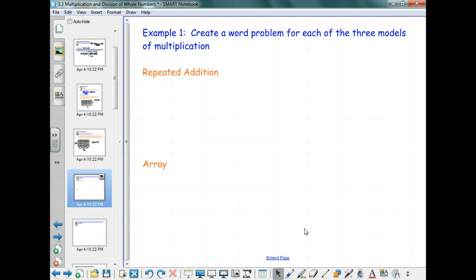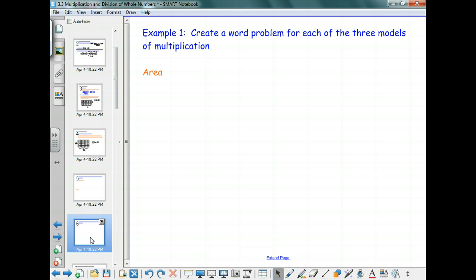It starts to sound like it would be measurement because it's a garden, but it's the flowers in the garden that makes it an array. Make sense? One more example for array. There was a band in a parade and they marched in 4 rows with 5 people in each row. How many band members were there? Wonderful.